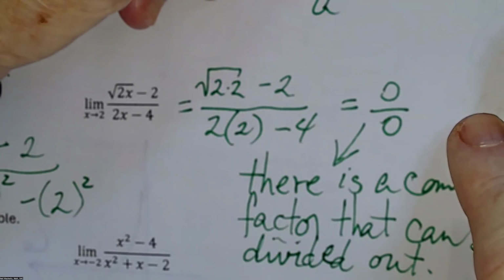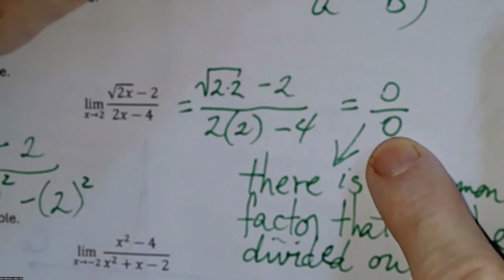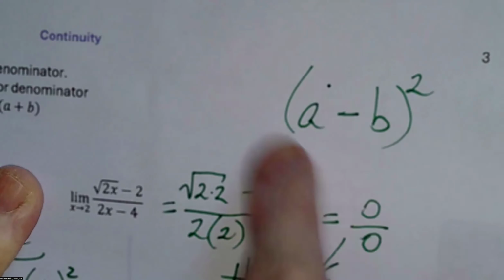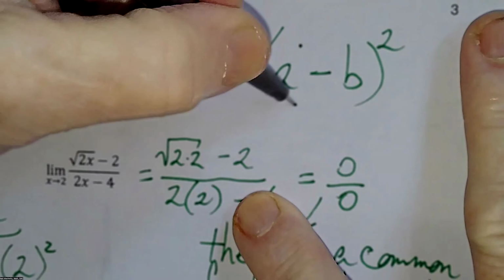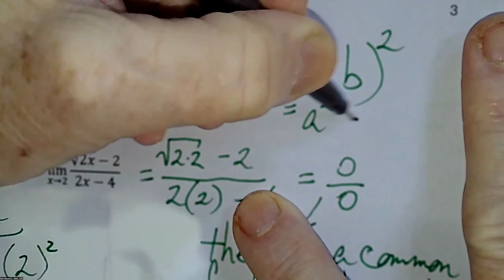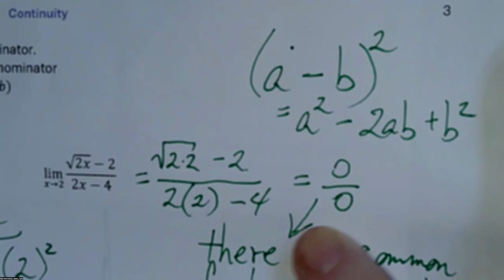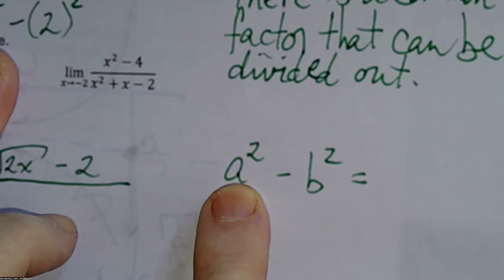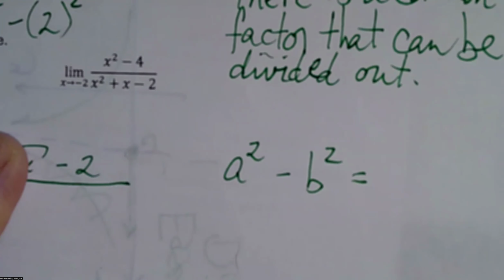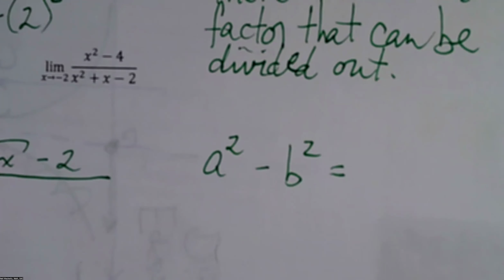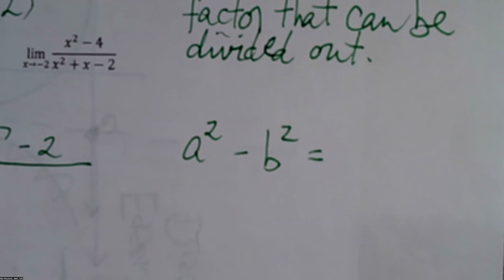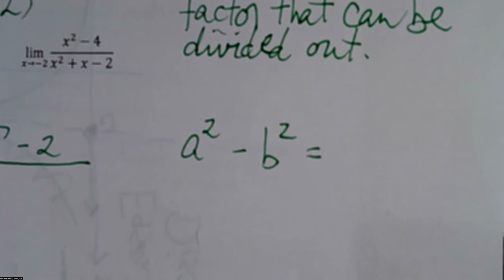That's if we had a minus b all squared. Then we would get a squared minus 2ab plus b squared. But if we have a squared minus b squared, how does that factor? We've talked about it in class. Is it a plus b in parentheses times a minus b?